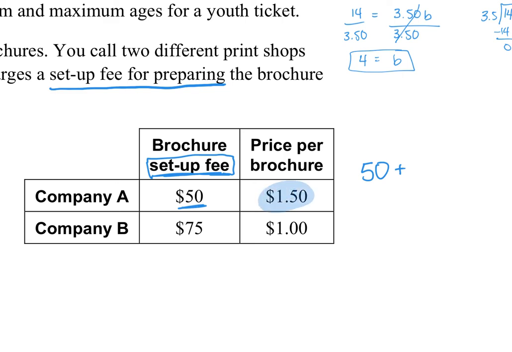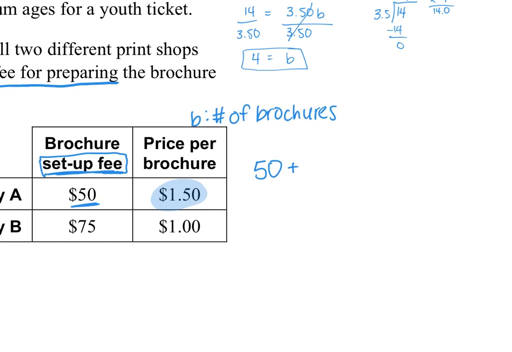So we're going to do 50 plus, let's say B is the number of brochures, so 50 plus 1.50B. We're taking the number of brochures, B, and we're multiplying it by the price per brochure.